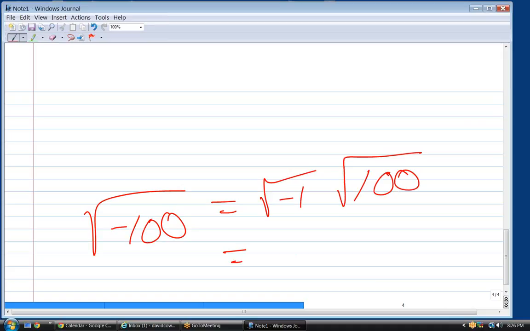And then the square root of -1 is i, but then we're going to have to keep reducing the 100. No, the square root of 100 is 10. Oh. So it's just 10i. 10i, yeah. Okay. Let's take a slightly more difficult one.